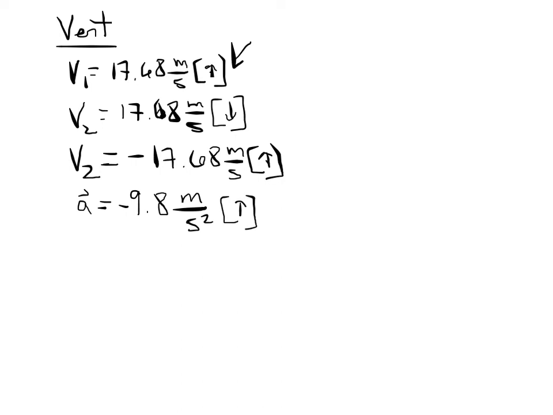And so we have v1, we have v2, we have a, and we're looking for delta t. And so if we look at the equations that we have, we see that we have this one, v2 equals v1 plus a delta t.